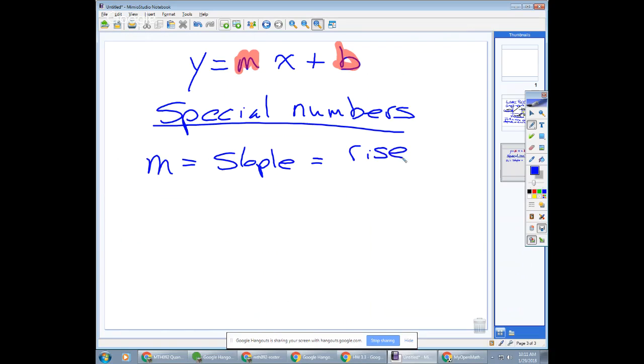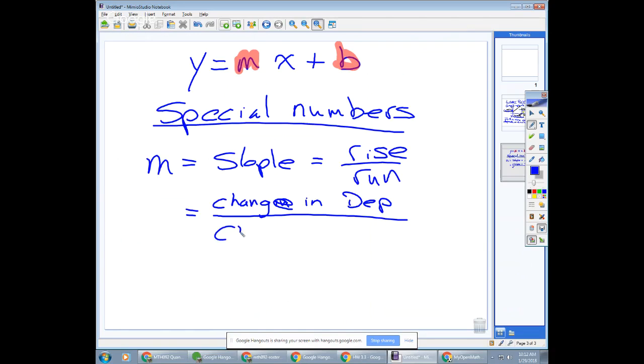That's the idea of rise over run. Change in the dependent variable over change in the independent variable.